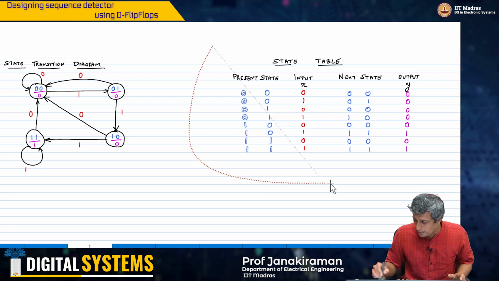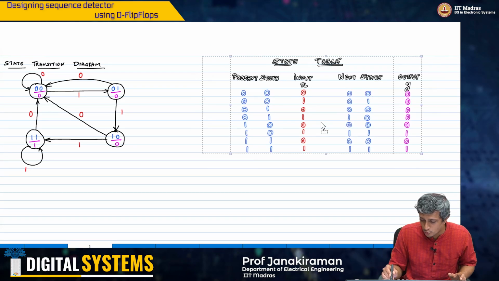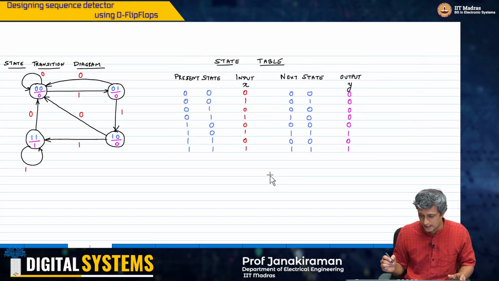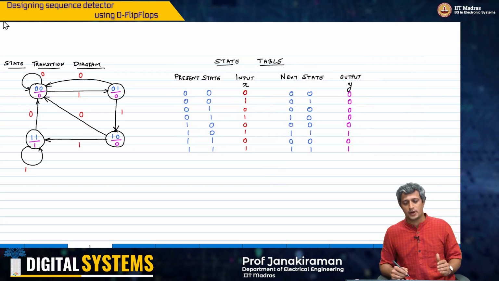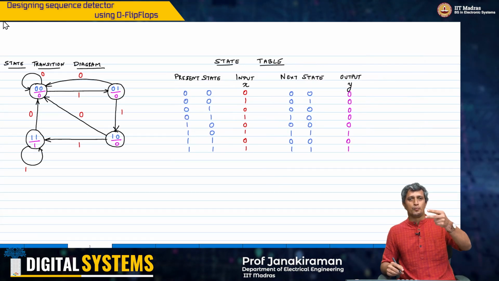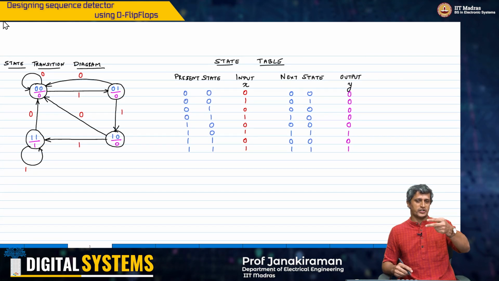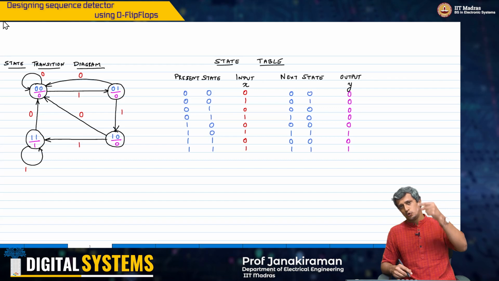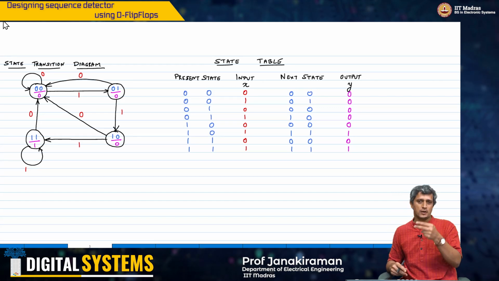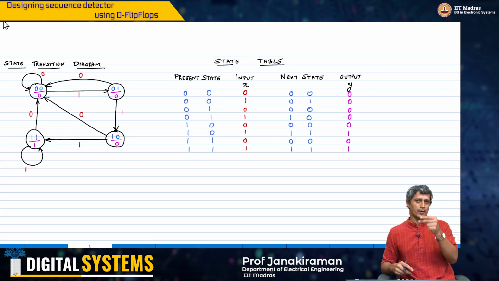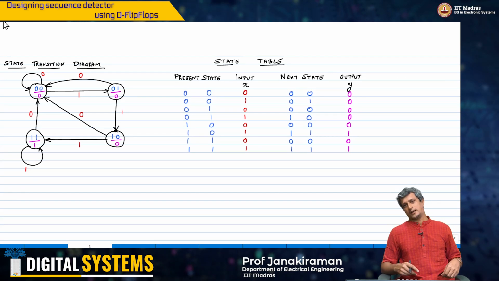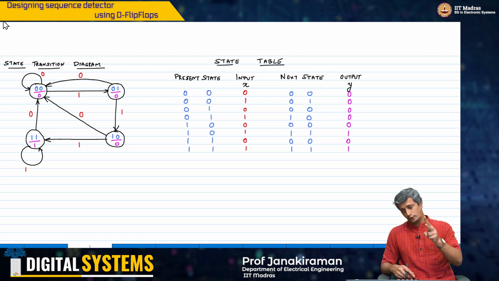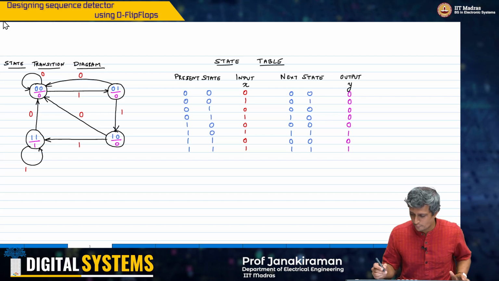Now what we need to do is first of all pick what flip-flop we are going to use for this particular design. So let's start off with the D flip-flop, right. I have 2 bits for the states, and therefore I obviously need 2 flip-flops, because I need 2 output bits to represent each bit of this state. So I have 4 states, I need 2 flip-flops, and therefore 2 bits.